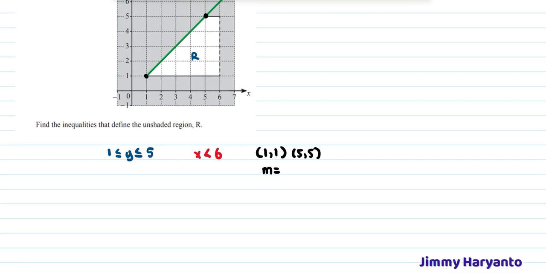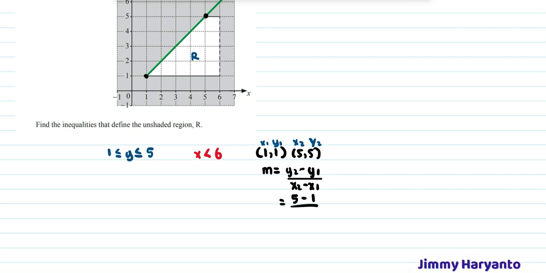For the diagonal line, you have to follow the rules, the steps. The gradient is y2 minus y1 over x2 minus x1. Let's label it first. This one is x1, this one is y1, this one is x2, this one is y2. Then you only have to input y2 equals 5, y1 equals 1, over 5 minus 1, which is the same, so equals 1.